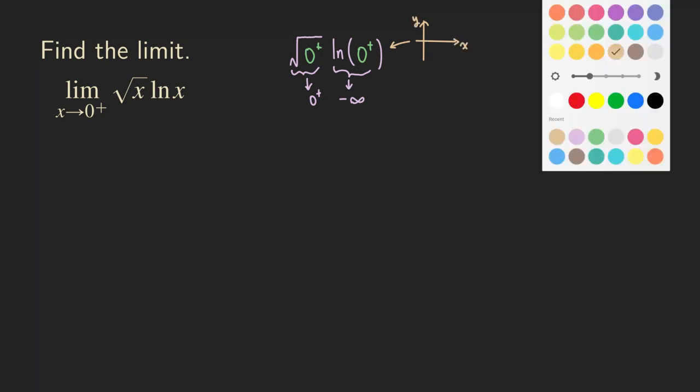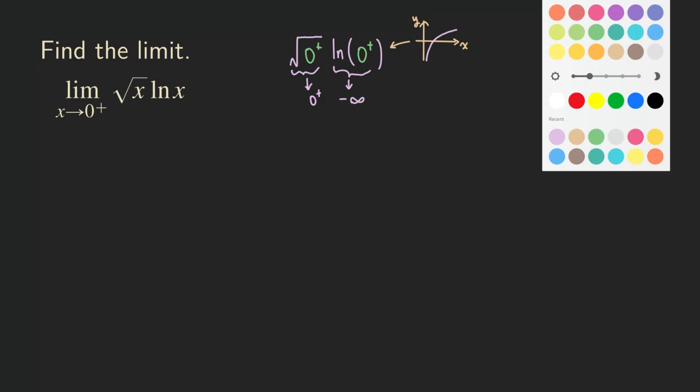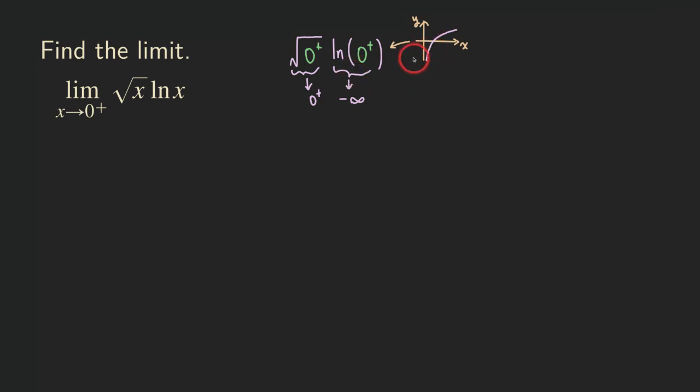And what is the graph for this ln function? It looks like this. Do you see what's going on here? When x is approaching 0 from the right side, what happens to the y values for this function? It's going down to negative infinity.